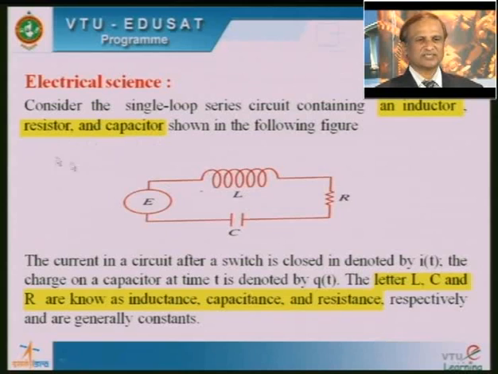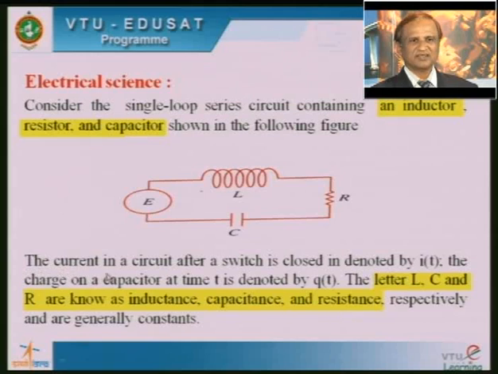We shall discuss that. Consider a single loop series circuit containing an inductor, a resistor and a capacitor, as shown in the following diagram. We represent them as L, C, R. R means resistor, C means capacitor.